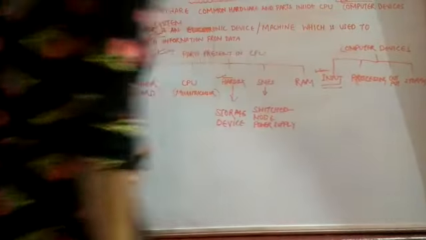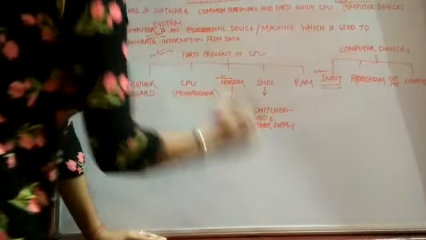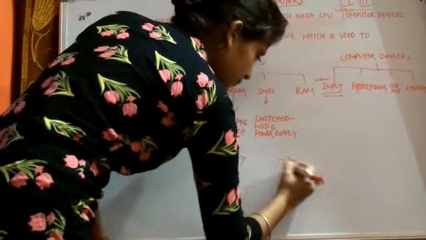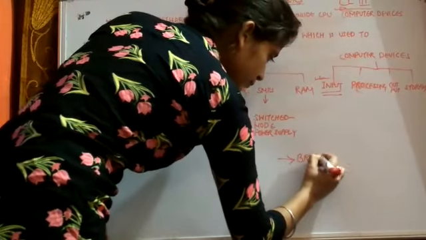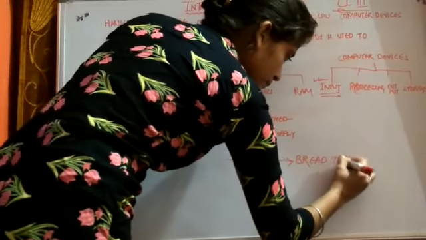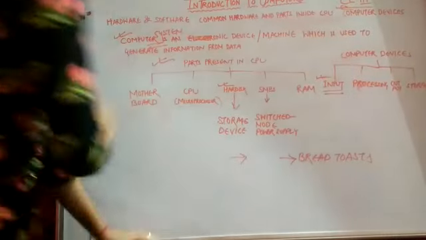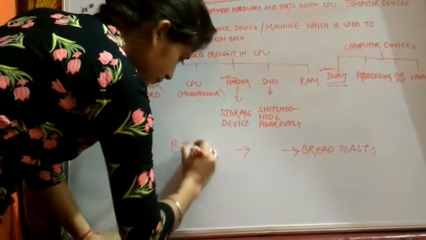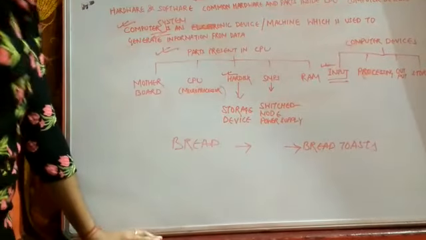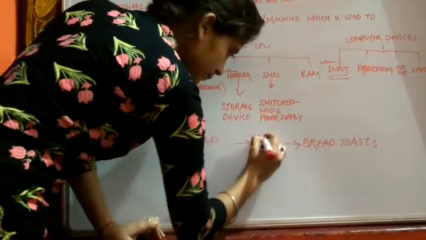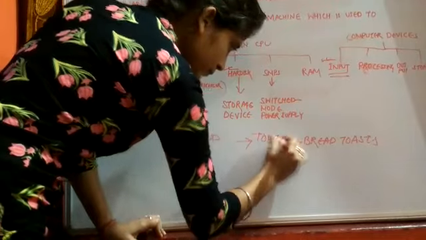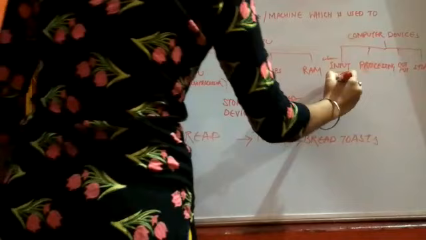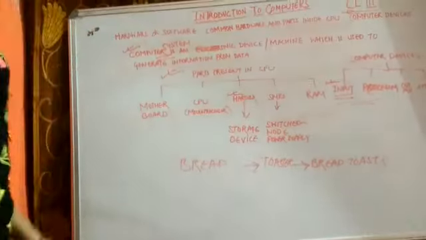Okay. That means, for example, if you want to have a bread toast, what do you need? You need a bread. Okay. You need a toaster. Understood? So now we'll understand this with the help of an example.